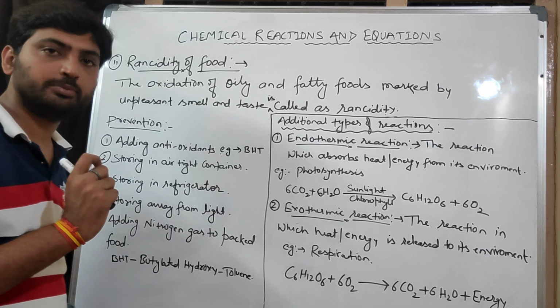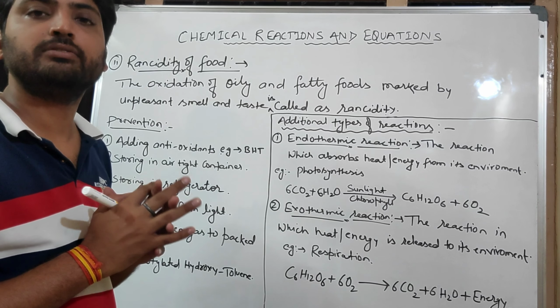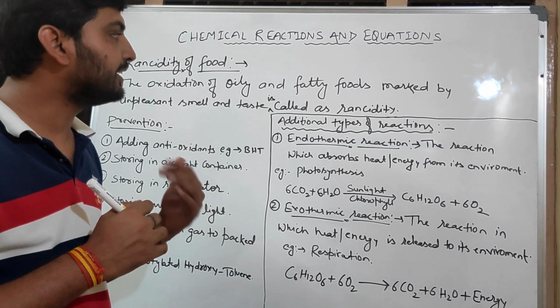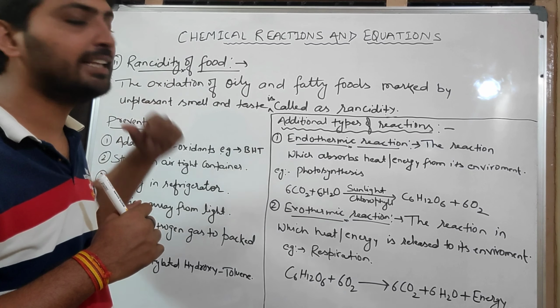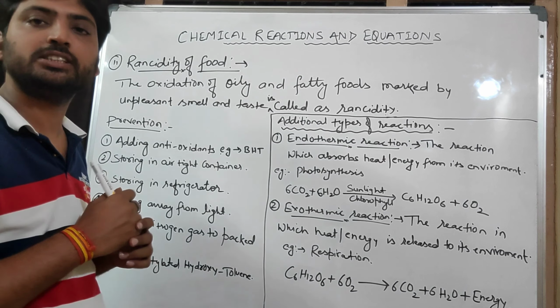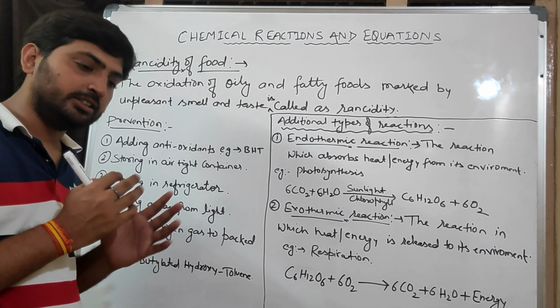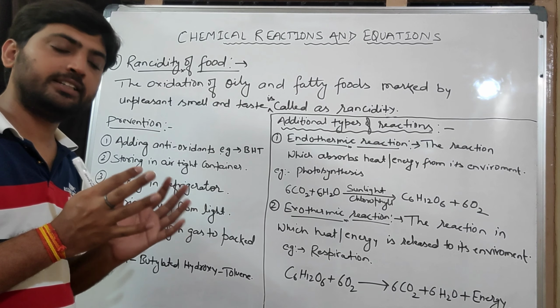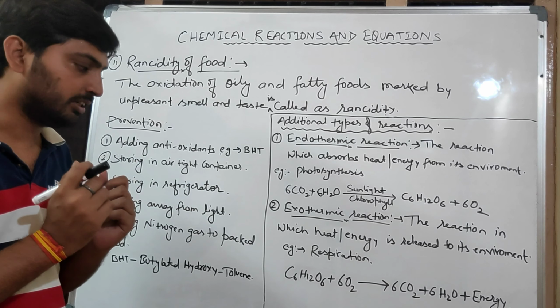What is oily and fatty food? Chips, Lays, that we eat, are oily and fatty foods. Oily foods get oxidized, and that process is known as rancidity. That is why when we buy a chips packet, it is filled with some gas. Why?